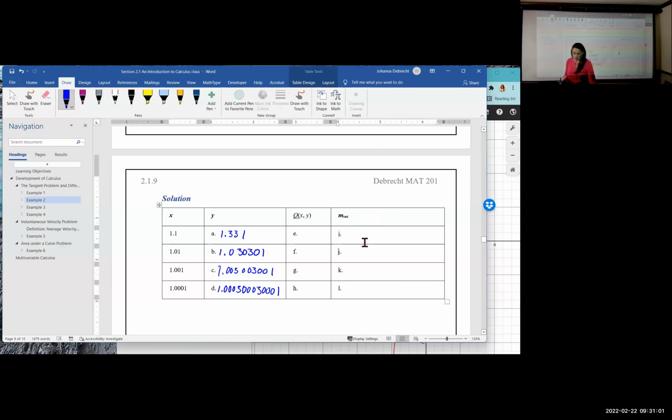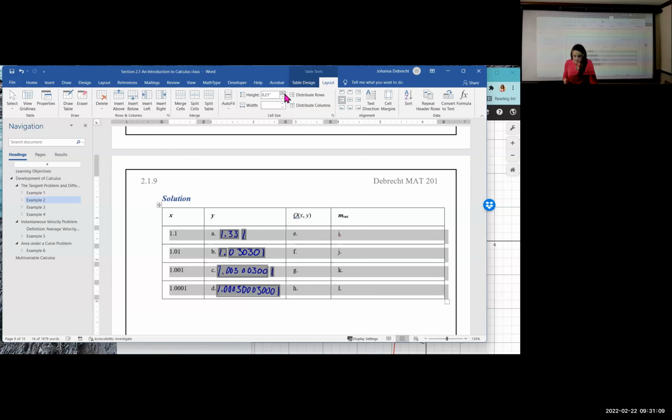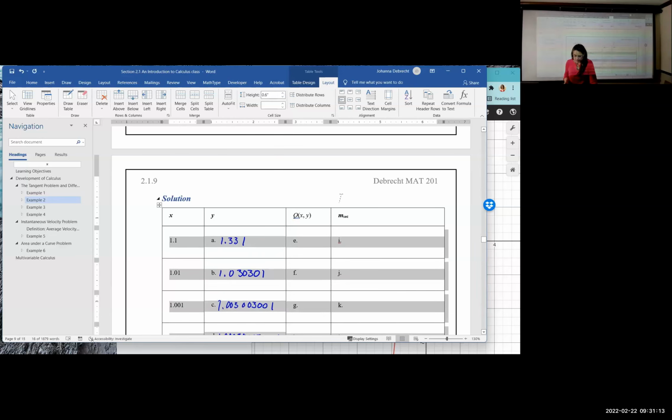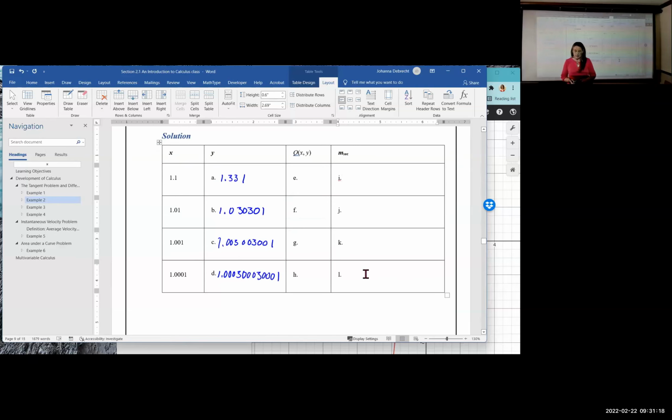How would we find the slope of the secant line? How would we do that? The y value we get minus 1, divided by the x value we're putting in minus 1. Yep.